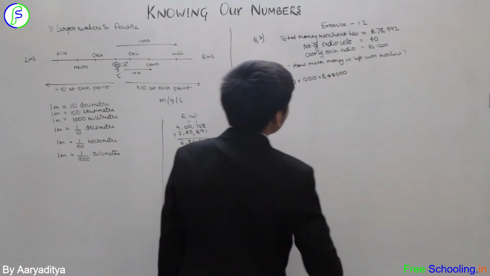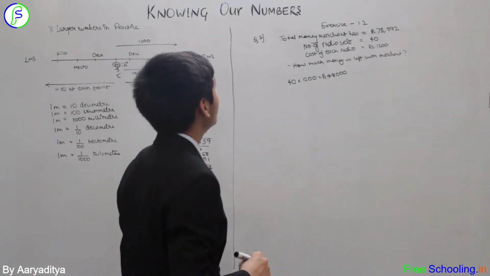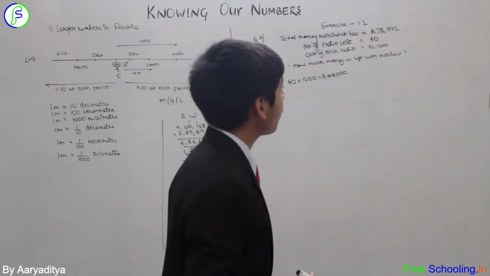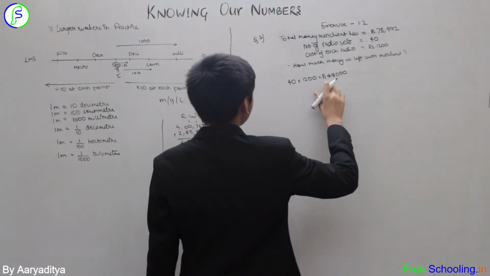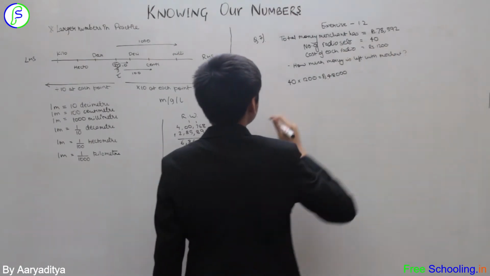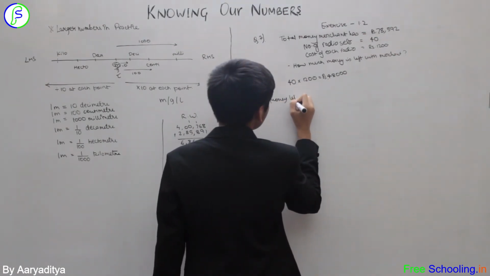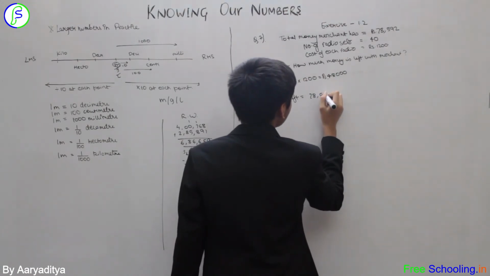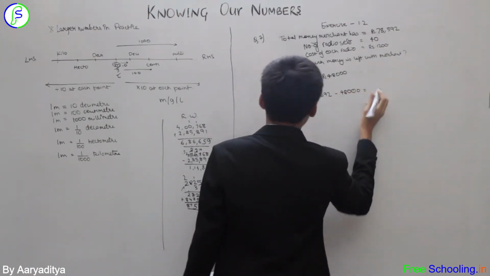So 48,000 rupees will be spent by the merchant. So now how much money would be left with her? What would be the saving? Very easy. We need to subtract 48,000 from the total money she has. Money left is equal to 78592 minus 48000. Let us do it in a rough.